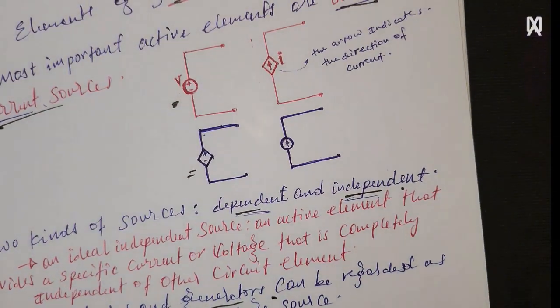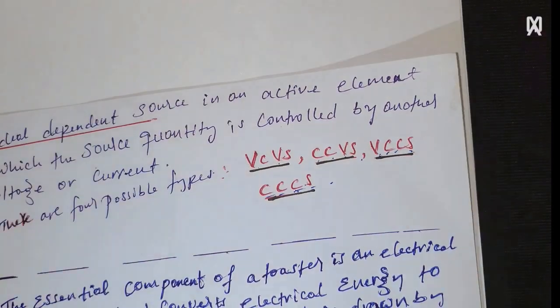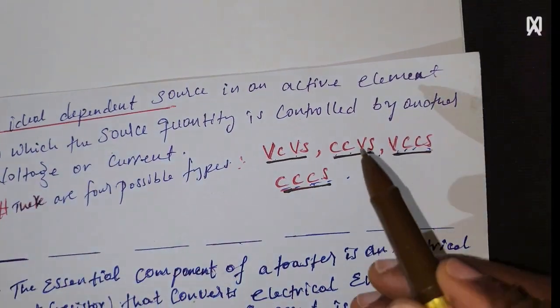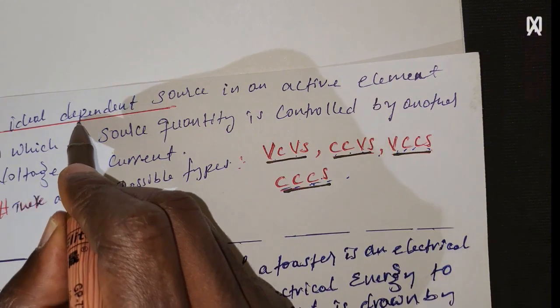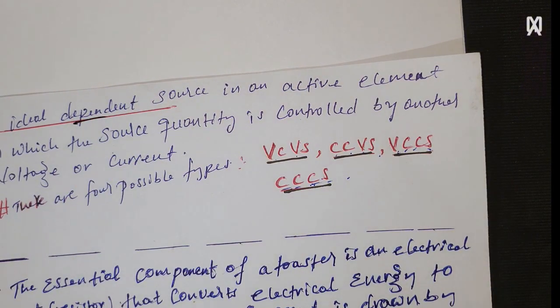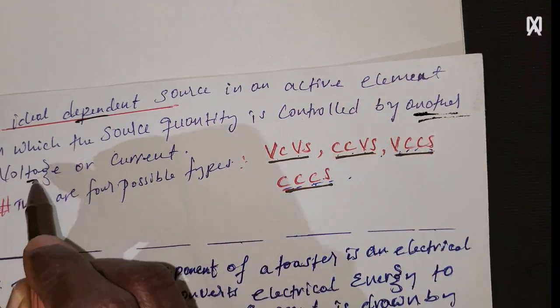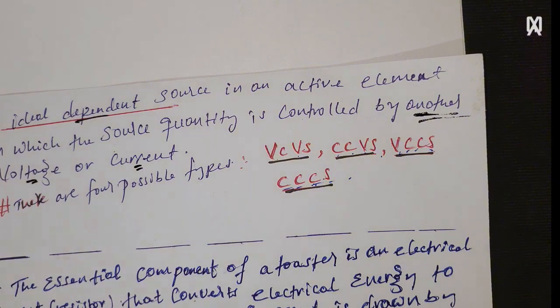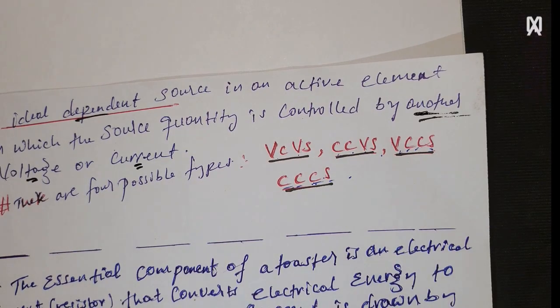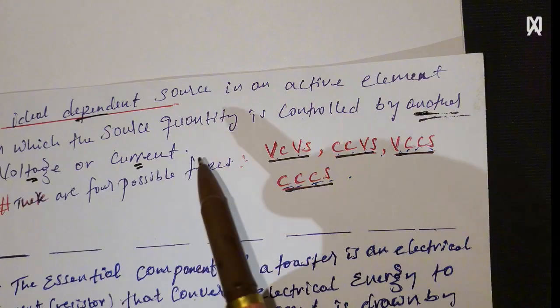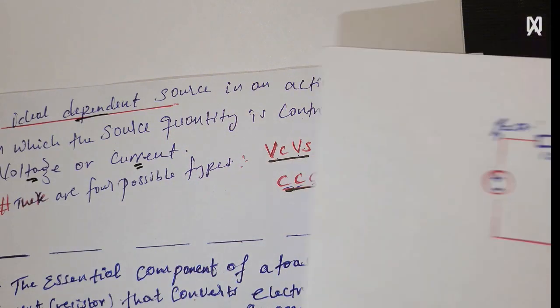An ideal dependent source is an active element in which the source quantity is controlled by another voltage or current, as I showed you right here.